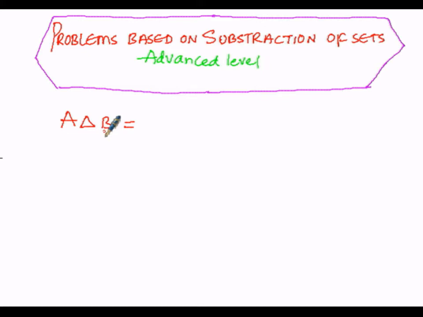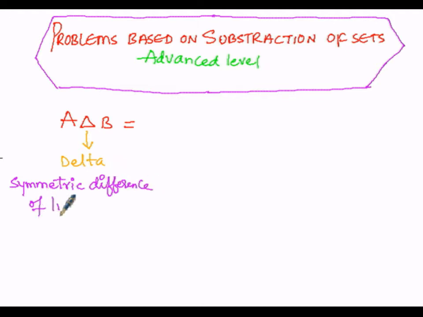So here we have to find the symmetric difference of two sets, A and B, and that can be given by A delta B. This triangular shaped figure indicates delta, which is called the symmetric difference of two sets, A and B.